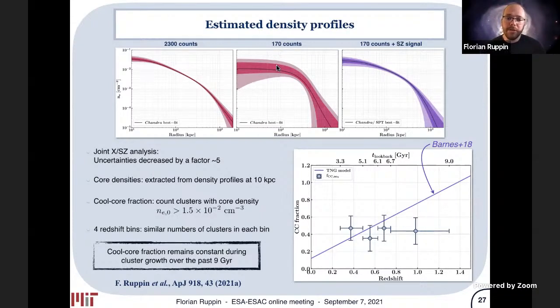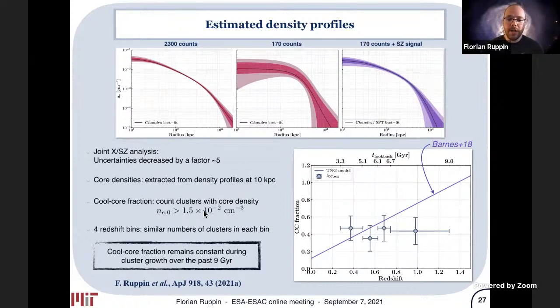Most of the uncertainty here is coming from the lack of constraint on the ICM temperature, because the X-ray spectrum that we get is really compatible with the background spectrum. But by adding the SZ signal, we get a good constraint on the ICM temperature. And so we are able to reduce this systematic uncertainty and gain a factor of 5 on the error on the density profile.